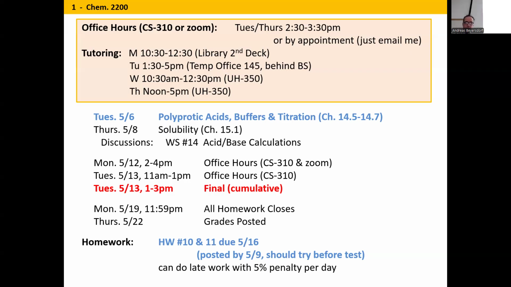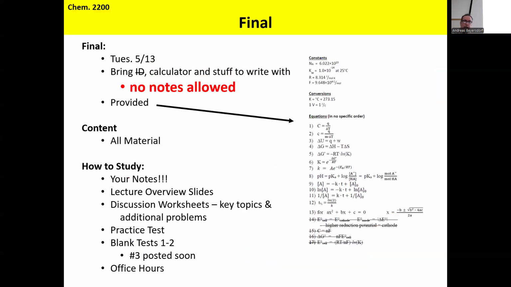The final, like I said, is the 13th. No notes allowed. I have on the right the equation list that you will be given. I also have posted a practice test, but don't go off just the practice test.